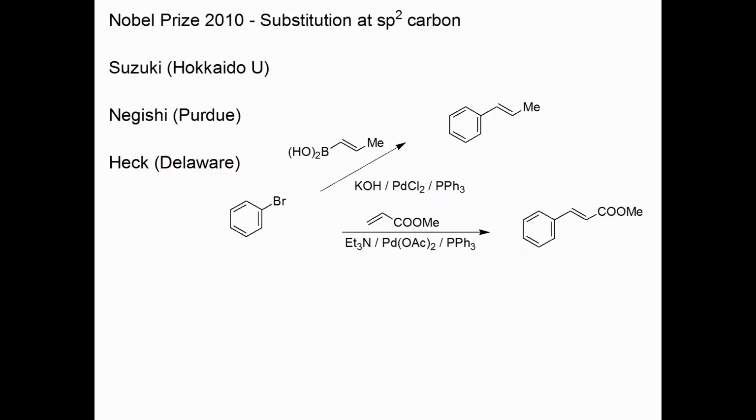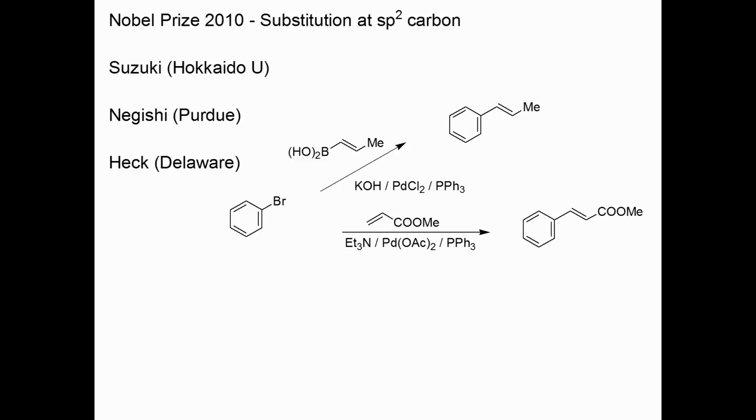This is a reaction that's kind of a feature at the end of the chapter, the end of the organometallic chapter, but this is a very important reaction. In fact, this reaction here is actually much better than the copper catalyzed reaction that we looked at earlier for making CC bonds.